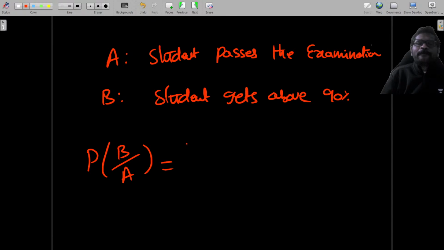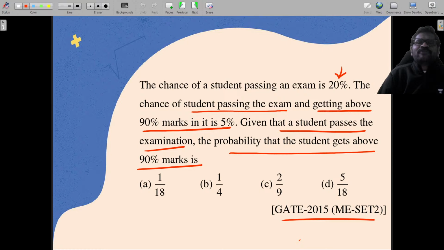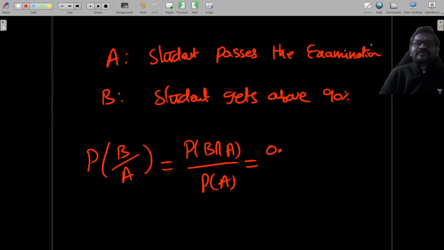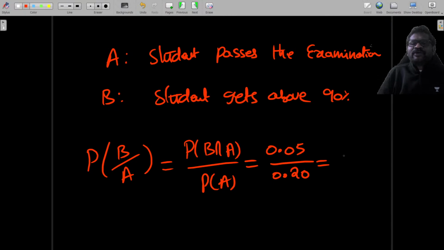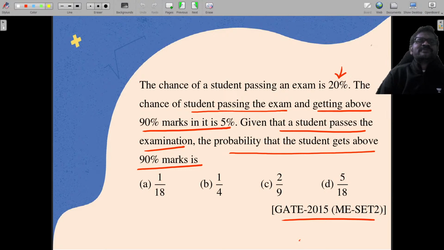So B given A: probability of B intersection A by probability of A. Probability of B intersection A is nothing but 5%. Probability of A is 20%. Simplifying this, 5% by 20% is 1 by 4, that is 25%. So the answer is 1 by 4.